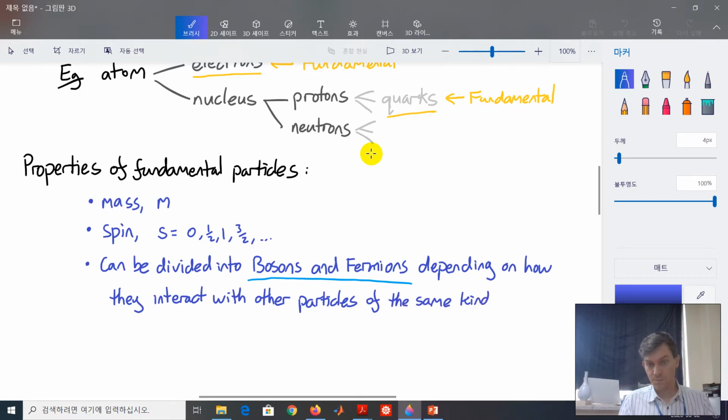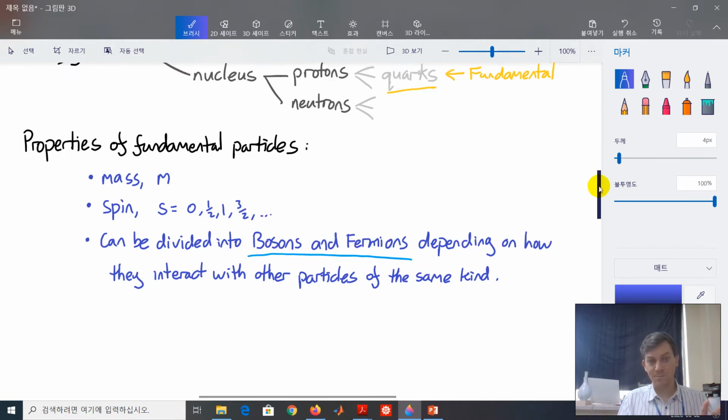In later lectures, when I talk about all the different fundamental particles, I'm always going to tell you what their masses are, what their spins are, and whether they are boson or fermion particles. So the point of this lecture is to define what I mean by boson and fermion.